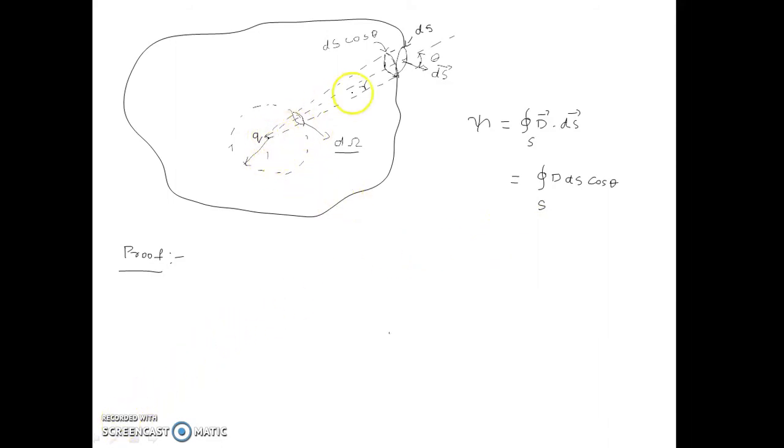From this figure it can be seen that the flux density D at this point due to this charge q is given by D is equal to q by 4 pi r square. So therefore substituting this 2 in 1, we get q by 4 pi r square times dS cos theta over the closed surface.